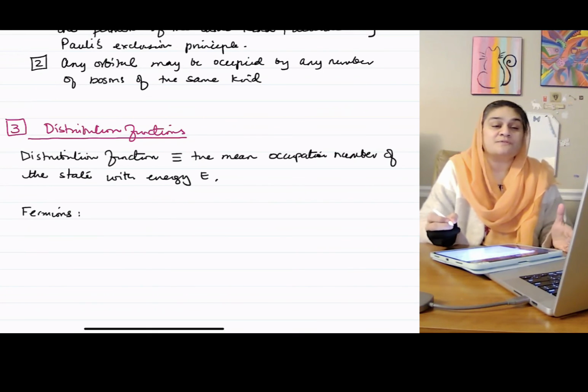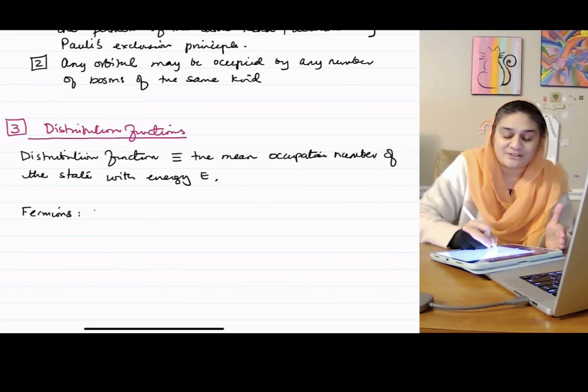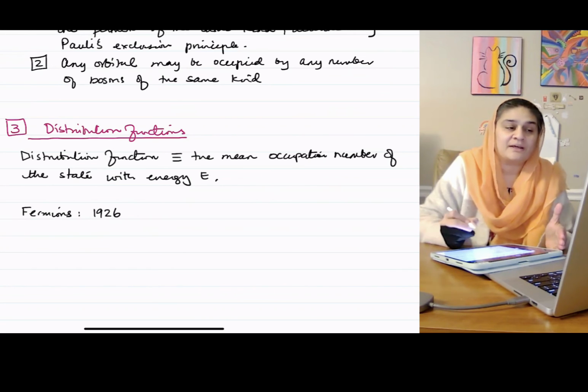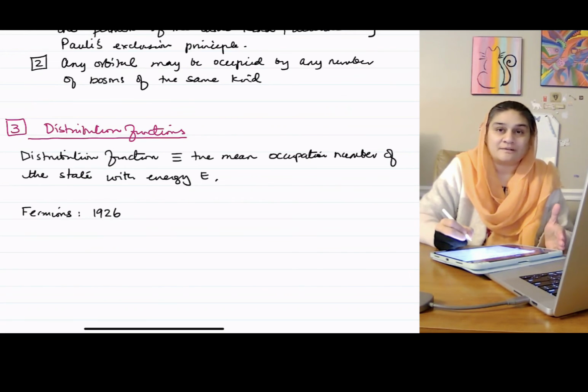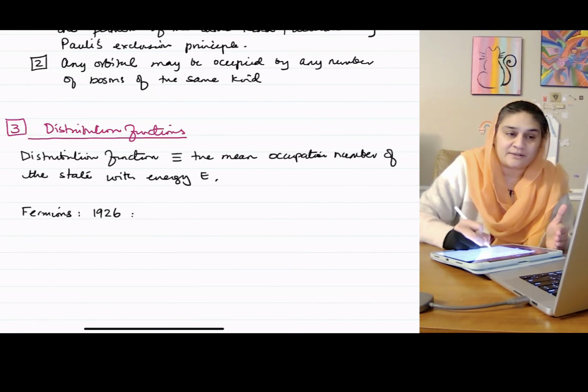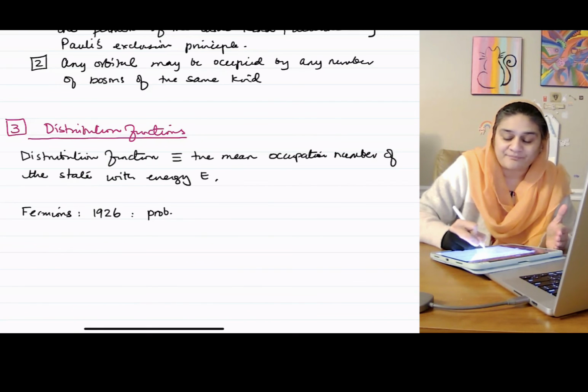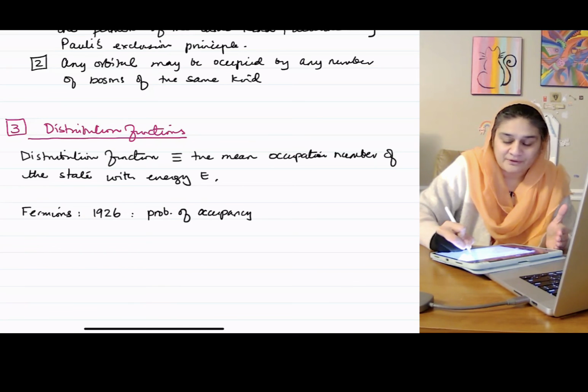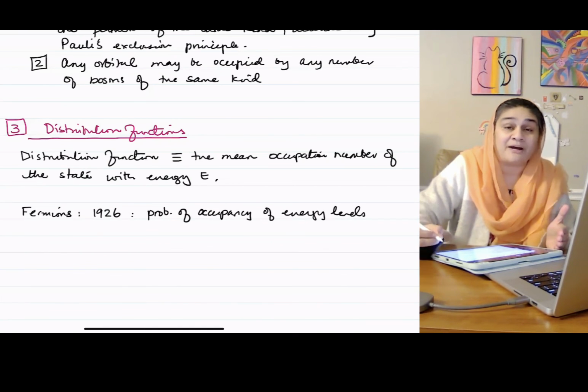So for the fermions, the distribution function was first introduced in 1926 by Fermi and Dirac. It is called the Fermi-Dirac function. And it gives the probability of occupancy of energy levels by fermions.